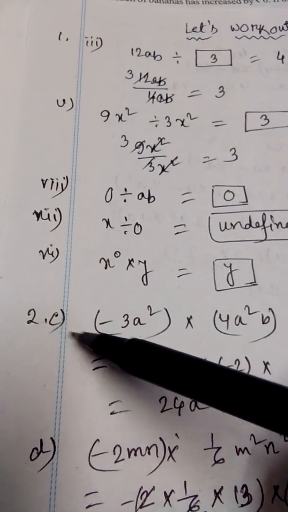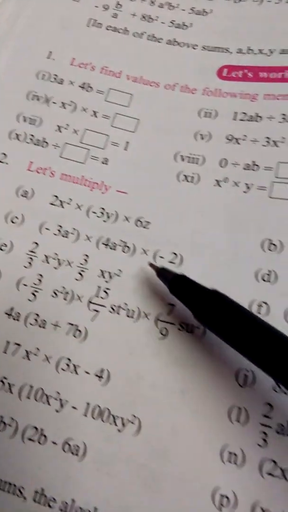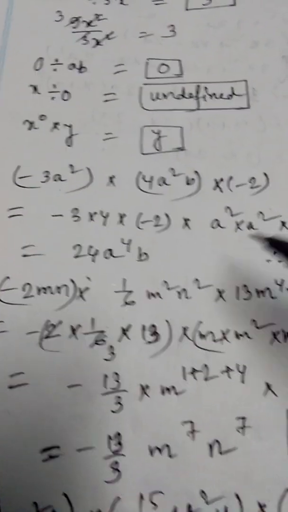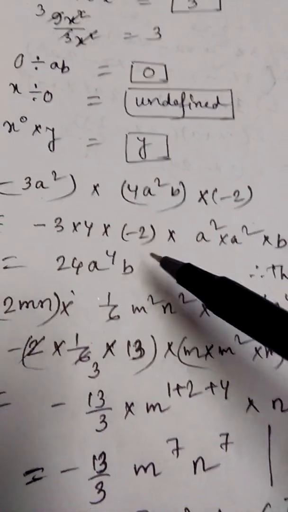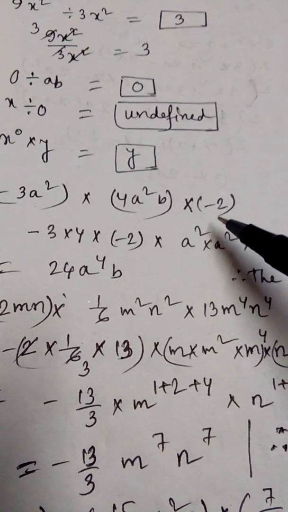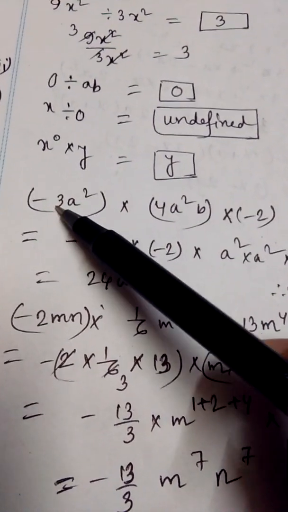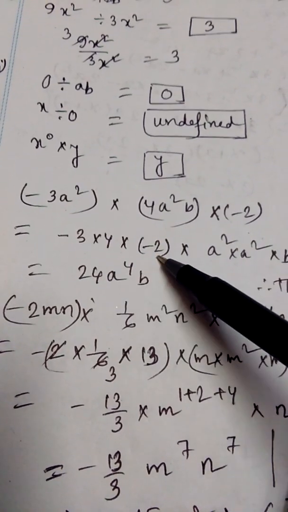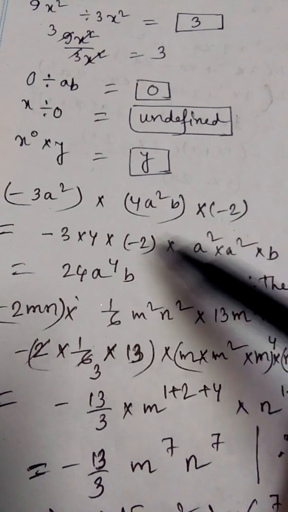Question number C of 2. Let us multiply. We have to multiply these numbers. Minus 3a square into 4a square b into minus 2 equals minus 3 into 4 into minus 2. We have to rewrite the numerical coefficients first. We have to multiply the numerical coefficients of these expressions first.